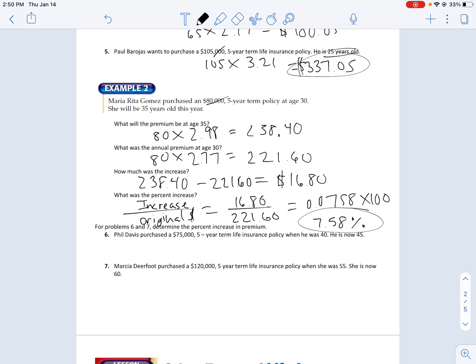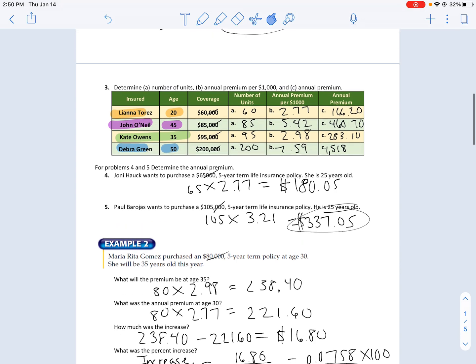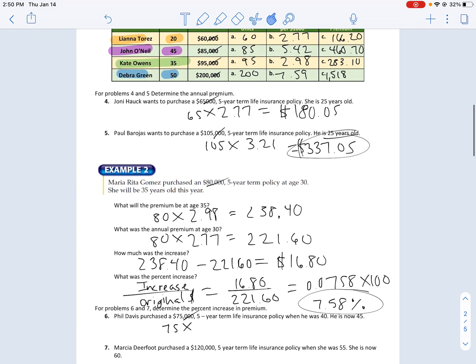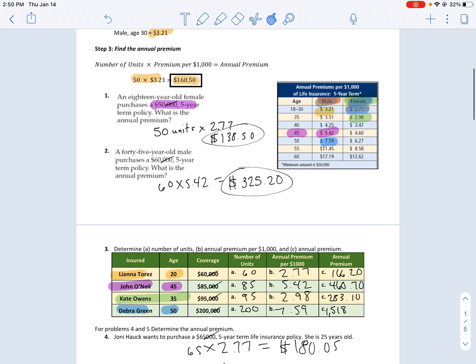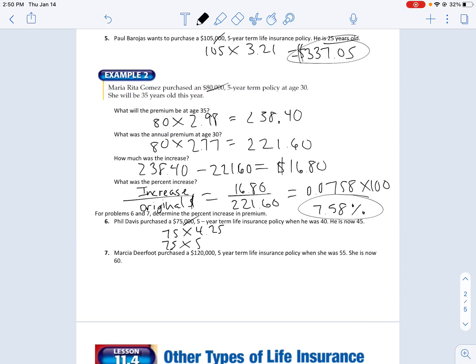And those last two problems are pretty much the same, so I'll probably do them a little faster. 75 units. When he's 40, $425. When he's 45, $542. 75 times $425 is $318.75. 75 times $542 is $406.50.